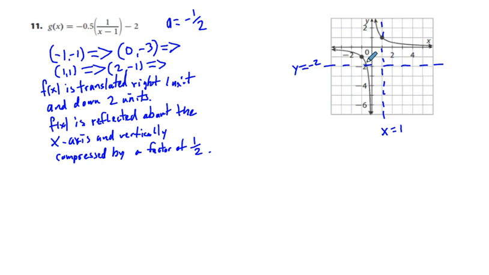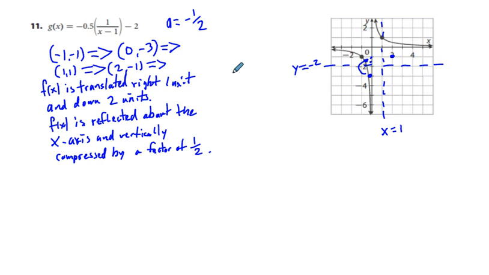So we're going to take this, and what we're reflecting it about is kind of a new x-axis. So we move this point over here, and 1 to the right, and down 2, right, 2, -1. This other one we took to the right and down 2 here, so we get 0, -3. What we did is we're reflecting this point about the x-axis, and then we are compressing by a factor of 1/2.